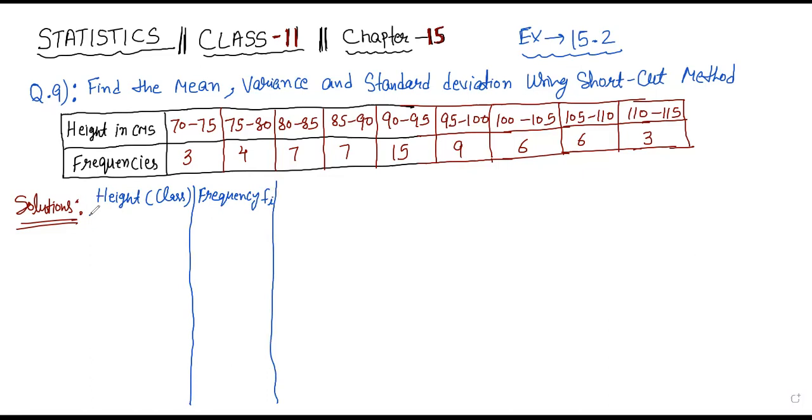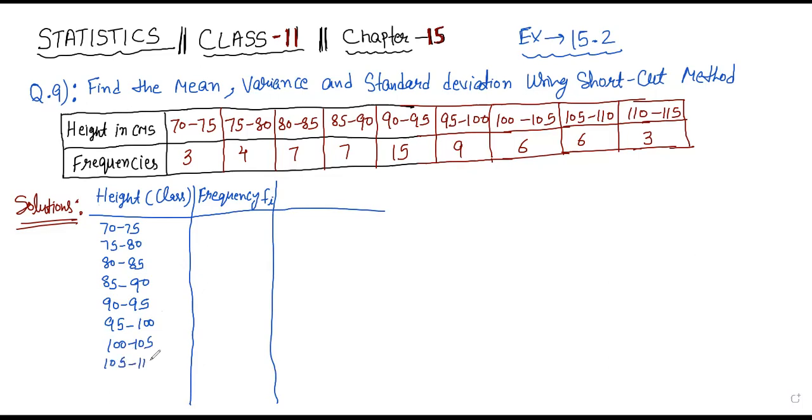Mark here 70 to 75, 75 to 80, 80 to 85, 85 to 90, 90 to 95, 95 to 100, 100 to 105, 105 to 110, and finally 110 to 115.